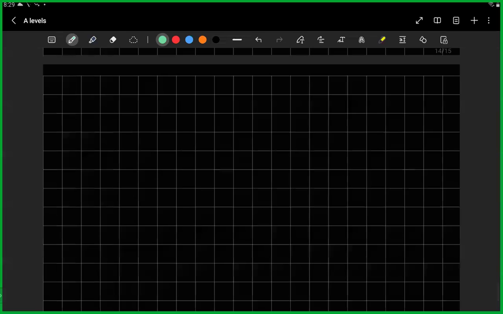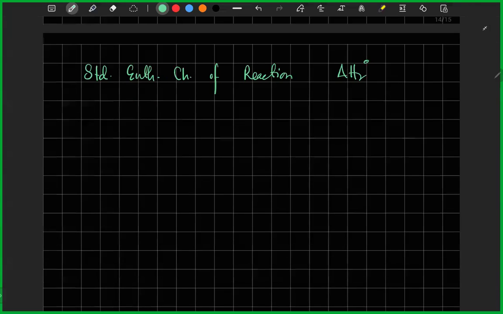Moving on, there's one more definition which isn't really that important, and that's standard enthalpy change of reaction. That's your delta HR.